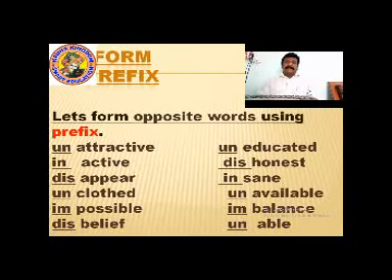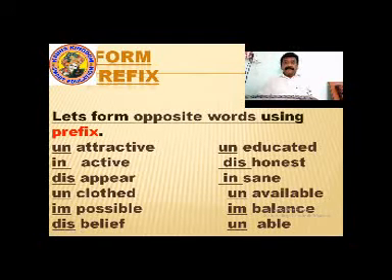Now, let's move ahead with more examples to know how we form the opposite words using prefix. The prefixes are the group of letters added prior to the root word. For your understanding, I am repeating it again.